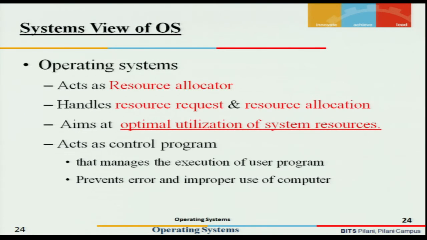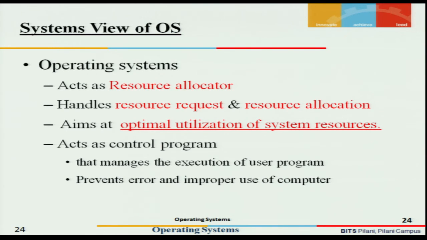From the system's perspective, the operating system acts as a resource allocator. The system would have a variety of resources, and the operating system would need to keep track of all the resources and maintain the status of all the resources present in the system.